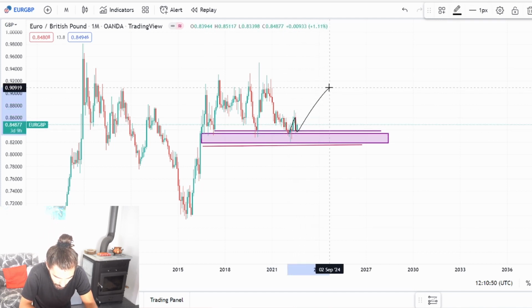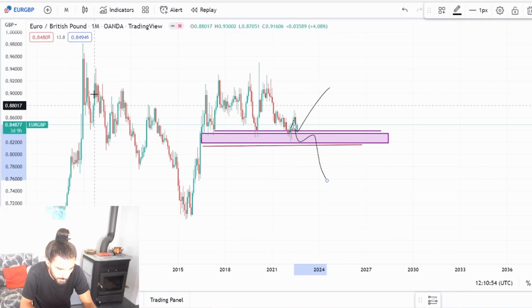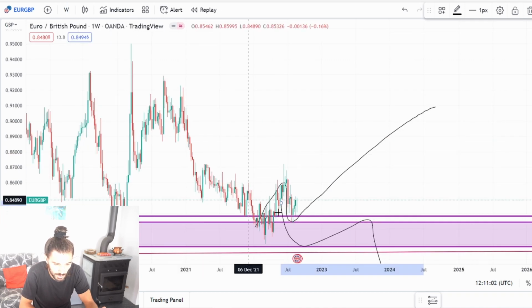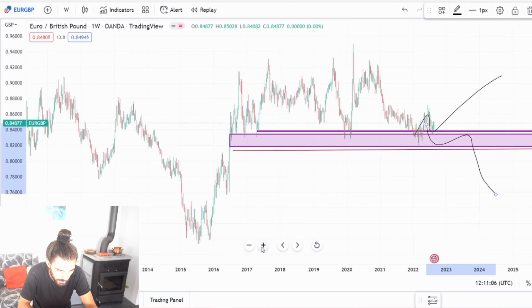So probably here we could move to the upside. Yet again, we can always break, since the euro at the moment isn't the strongest one, but the pound currently isn't that strong either, so they are pretty much at the same levels for now.